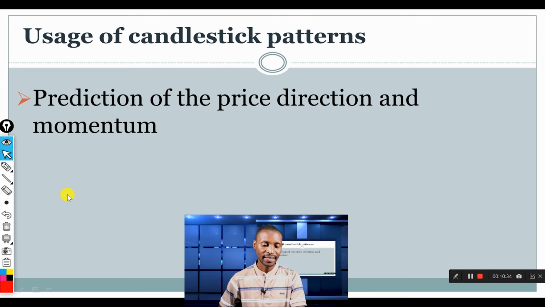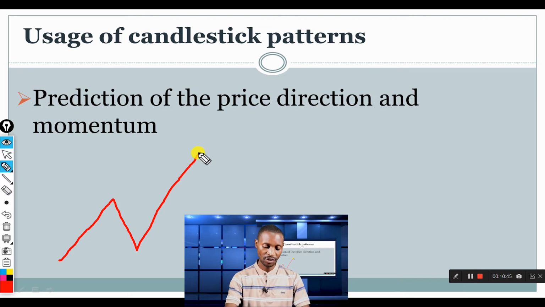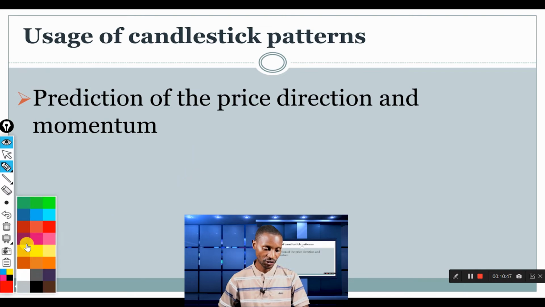Let's say, for example, we had a market which was pushing up like this. Let's use a green candle because it is a bullish market.